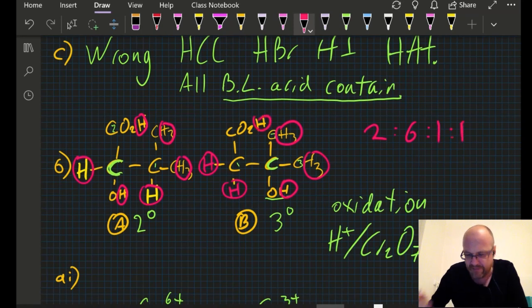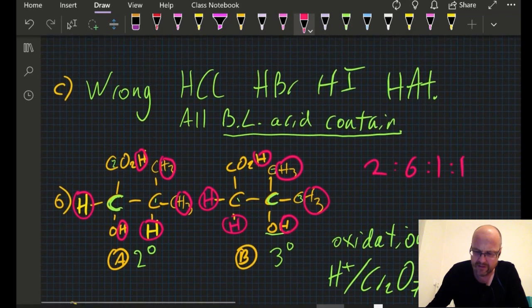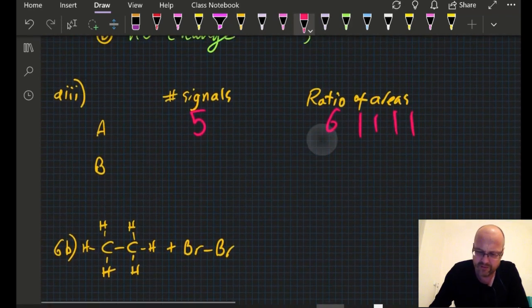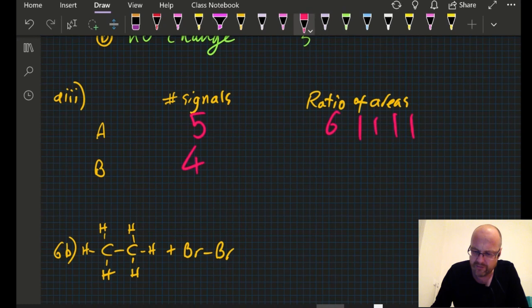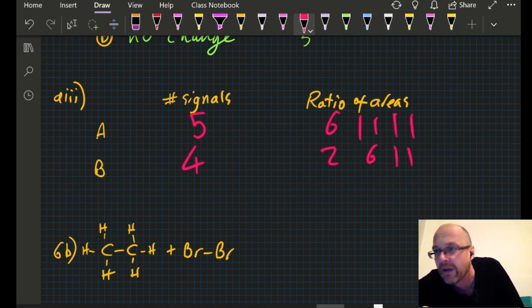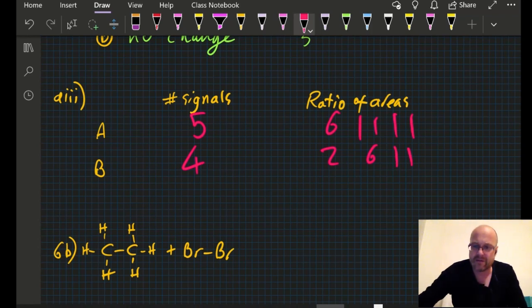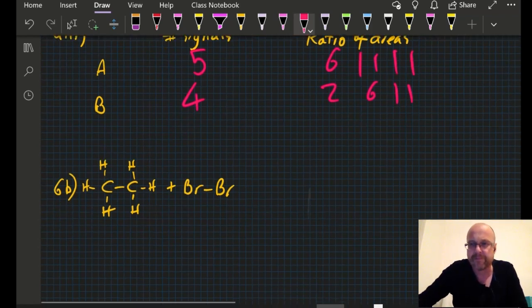So I think that's going to have 4 signals, 2 6 1 1. Wow, that's one of the trickiest ones they've ever asked. 2 6 1 1. Let's see if I'm right. 5 6 1 1 1. Yeah. Nice. I kind of like H1 NMR.